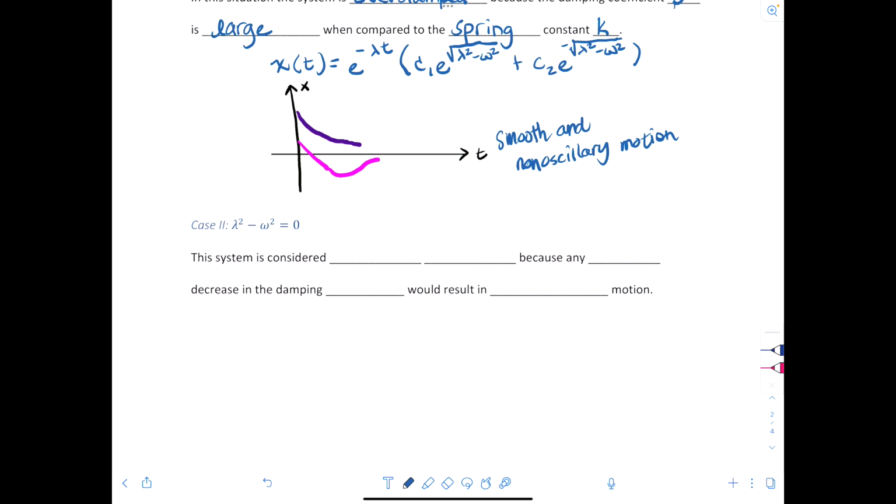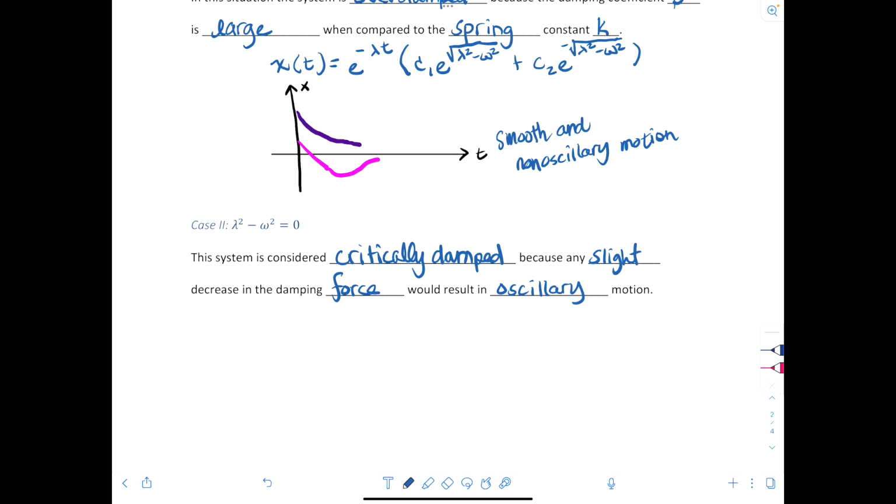Now case 2, when lambda squared minus omega squared equals 0. This system is considered critically damped, because any slight decrease in the damping force would result in oscillatory motion, which we don't want.